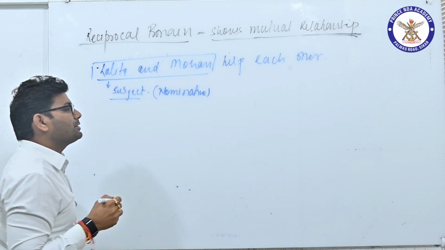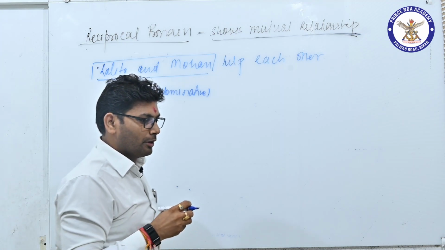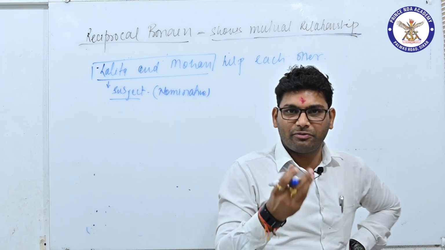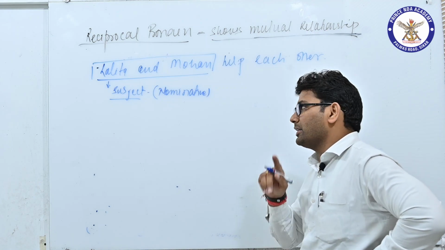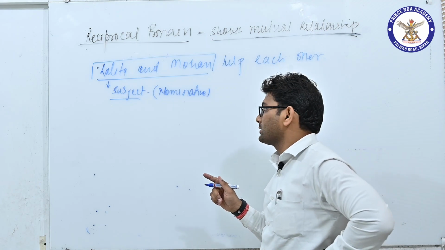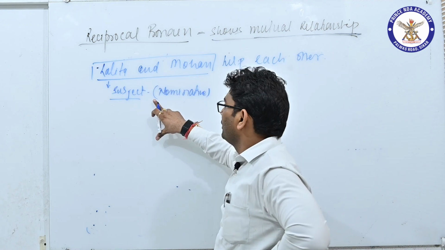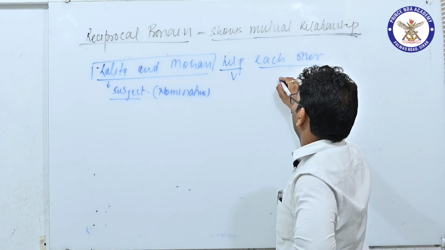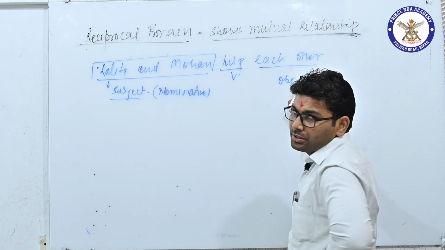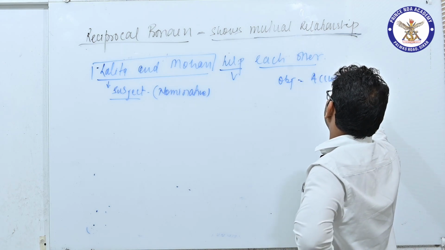In simple language, it may be a noun, a pronoun, or a phrase which functions like a subject, that is known as nominative case. So in this sentence Lalita and Mohan are in nominative case. Help is a verb while each other is object, and the word which is object is known as accusative case.